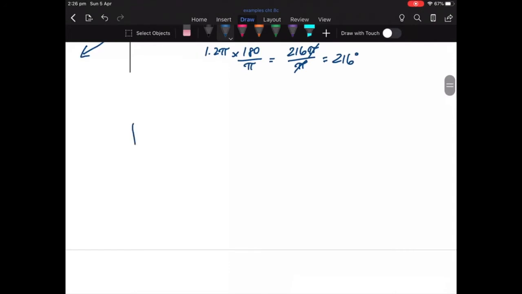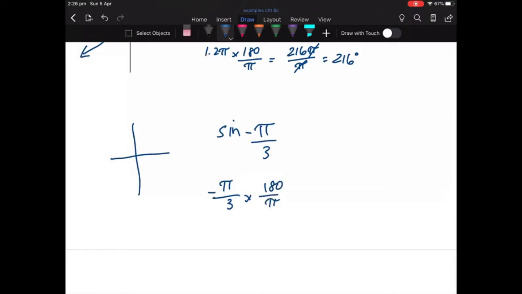The last one is the sine of negative pi over 3. Again, we need to convert this to degrees. So we've got negative pi over 3 times 180 over pi, which gives me negative 180 pi over 3 pi.